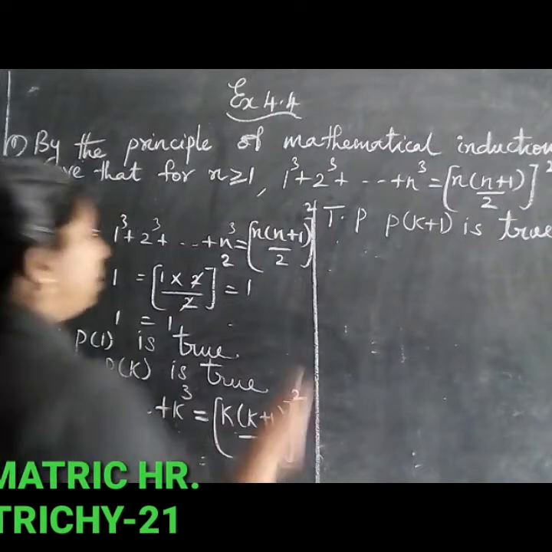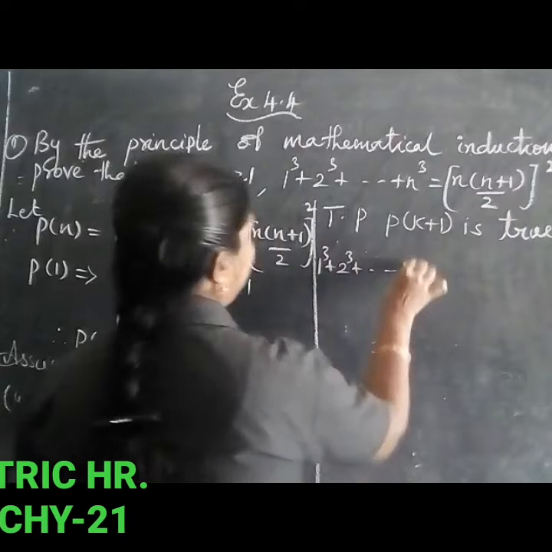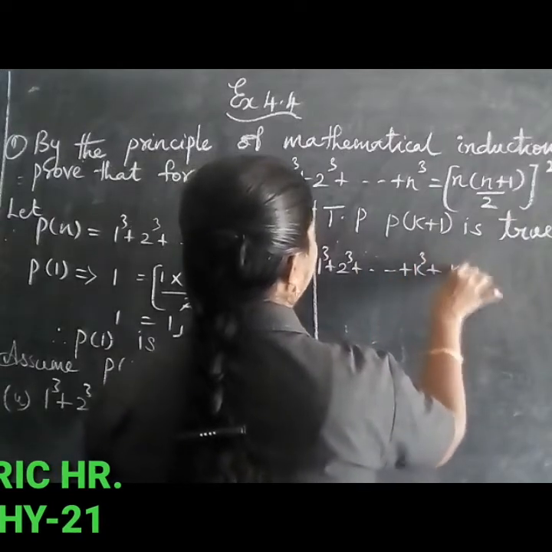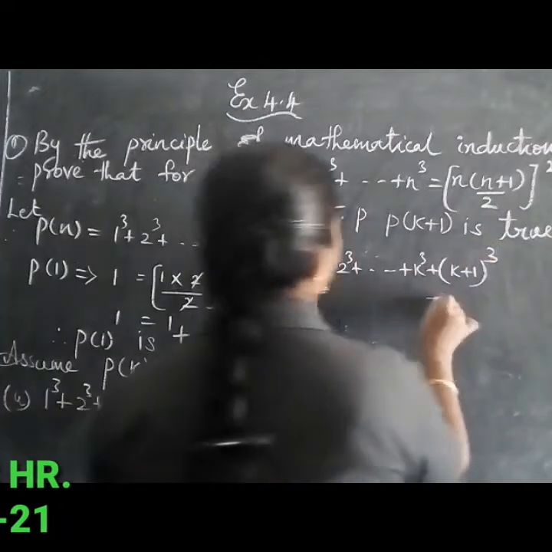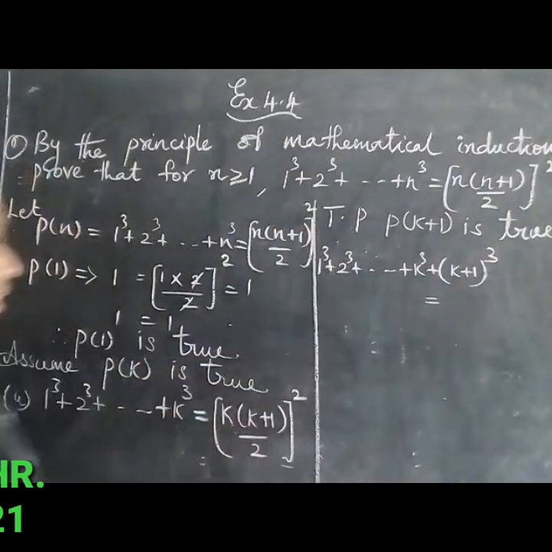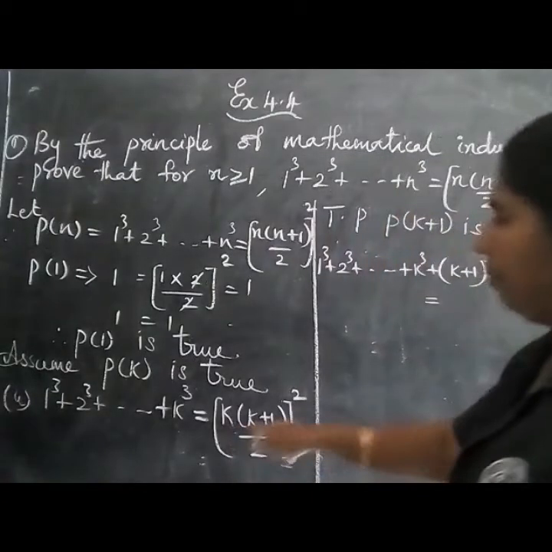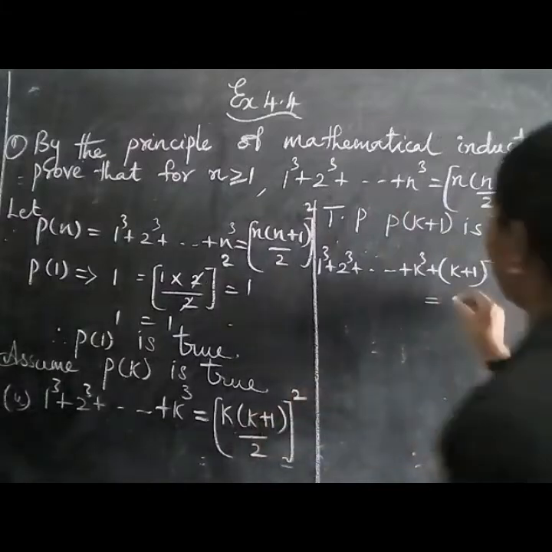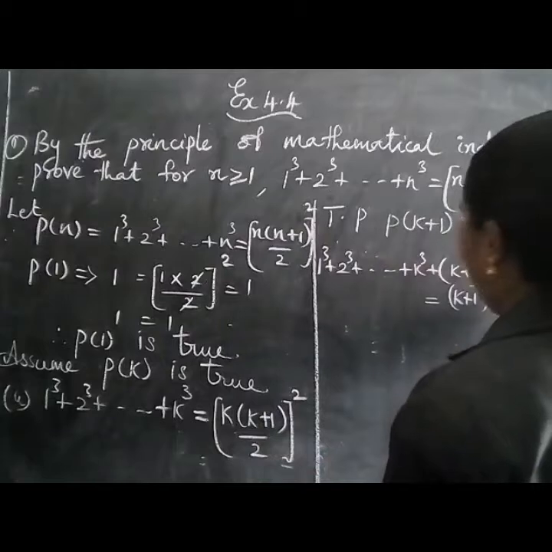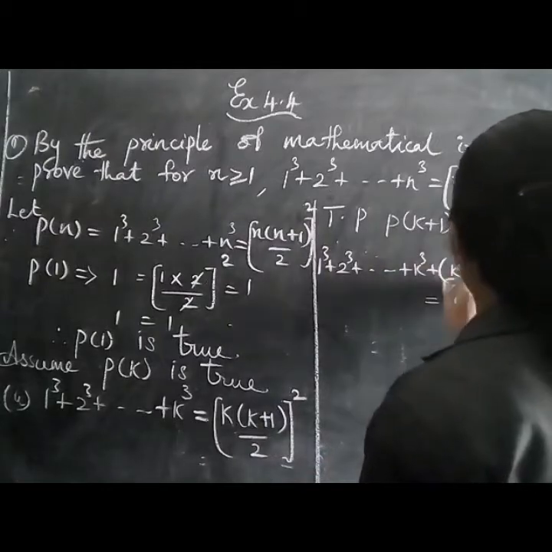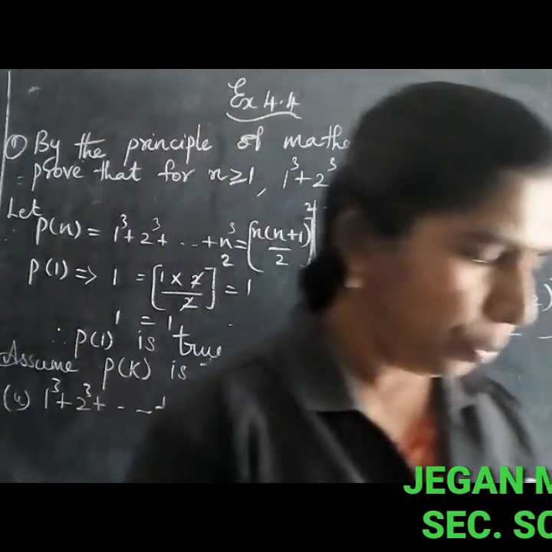So we can write this one as 1 cube plus 2 cube plus etc. plus k cube plus (k+1) the whole cube, which is equal to, to prove this only, right side we have to get, instead of k we should get k+1. So [(k+1)(k+2)/2] the whole square. We want to prove this result.